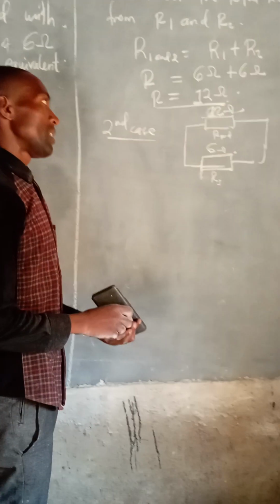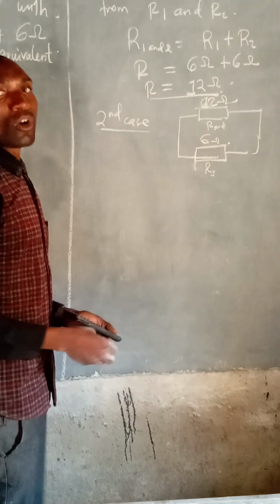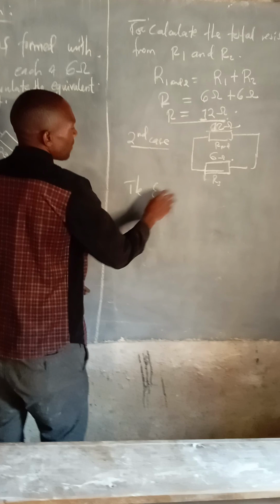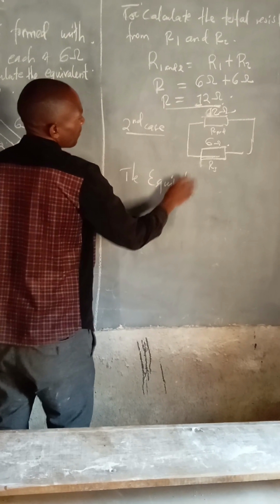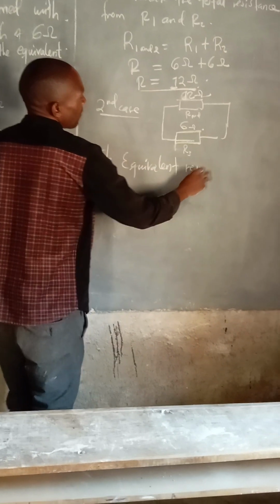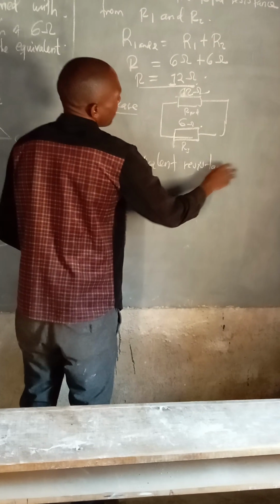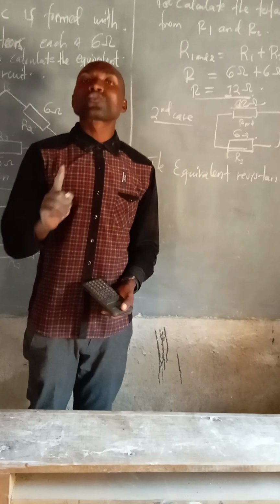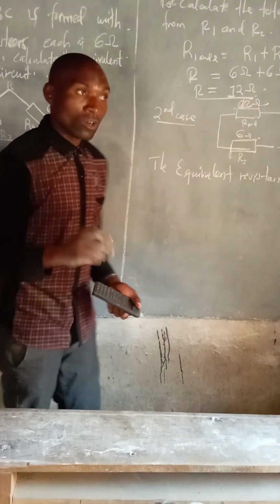And finally, we calculate the equivalent resistance, which is equal to the total resistance of the whole circuit.